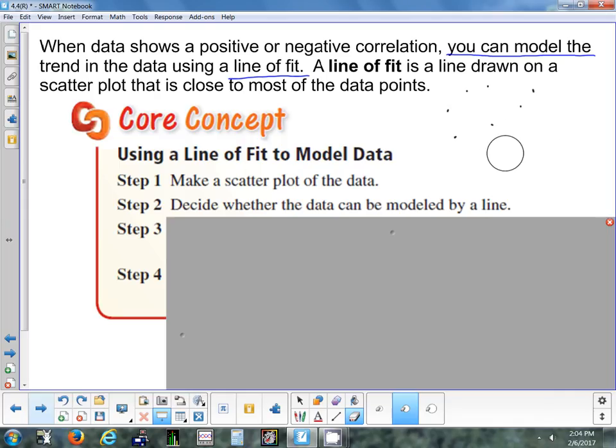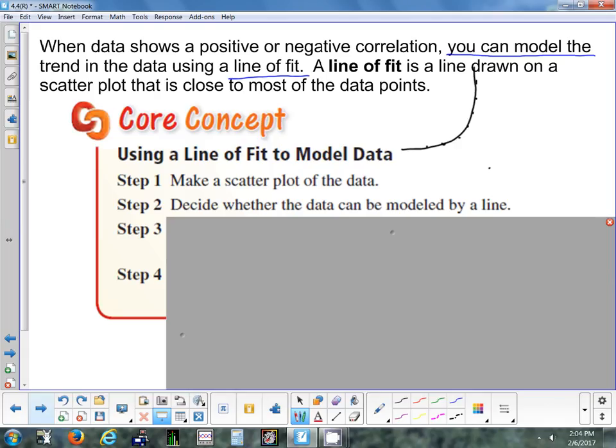There's no pattern to them. How about this? Would that be something that you would use a line for? Well, does it look like there's a pattern to it? Yeah, there's definitely a pattern, but to me it looks like it's more of a curve, not really a line. So sometimes you graph points and there's a pattern, but they don't make a line.